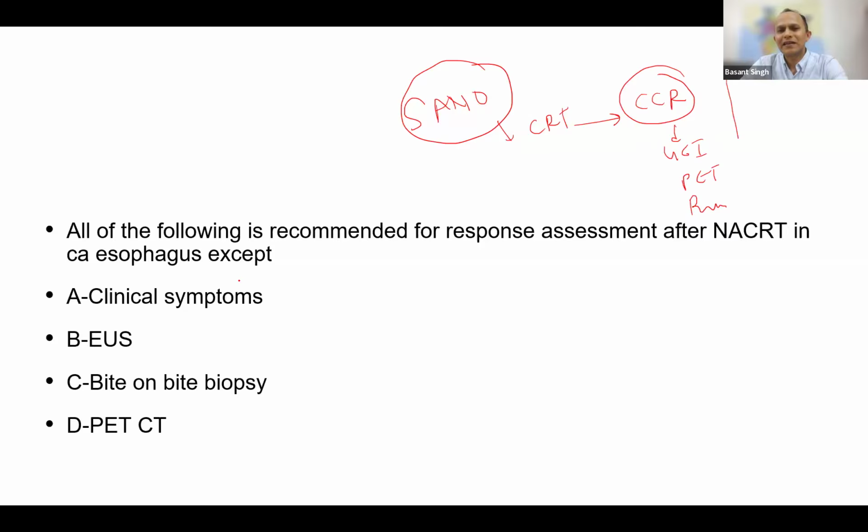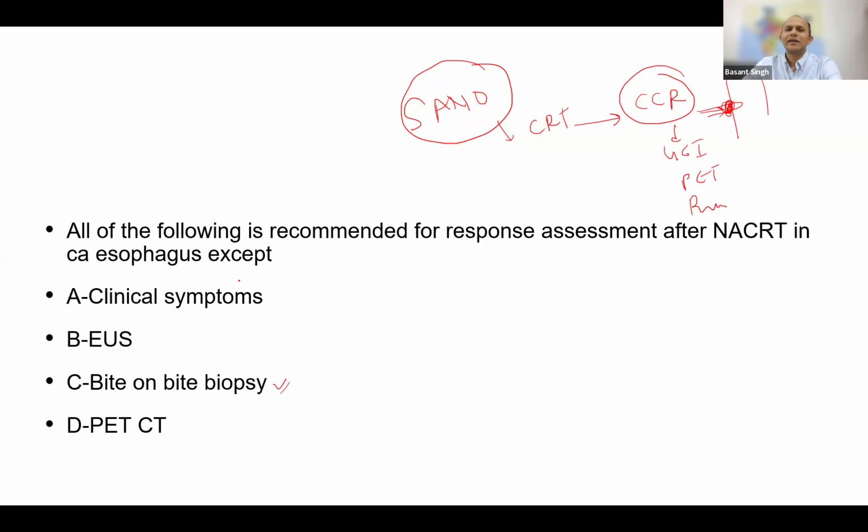If they see a scar area, they take a biopsy from that. If it is negative, they are not confident whether it is actually negative or false negative, so at the same place they go in again and do a biopsy. It's called bite on bite biopsy, and they say it is more sensitive to pick up malignancy.